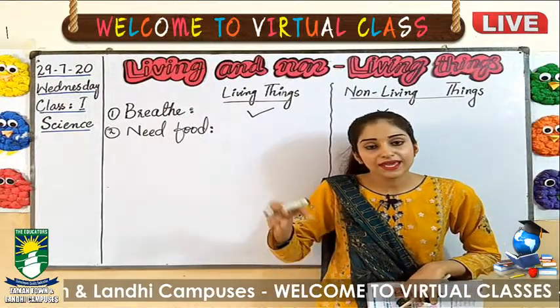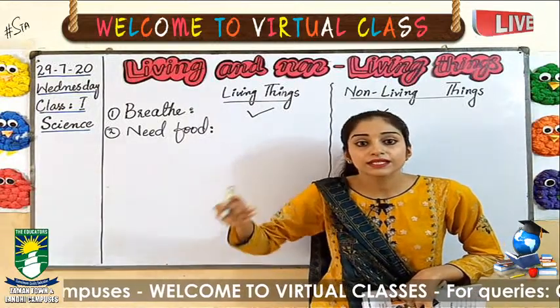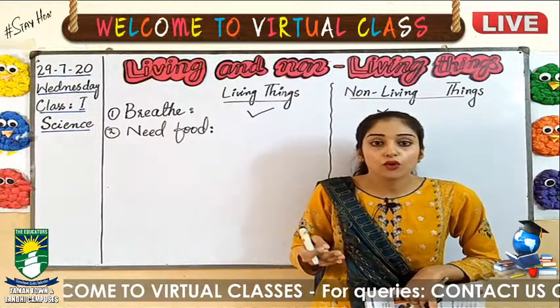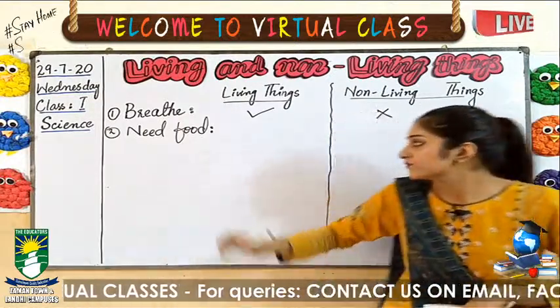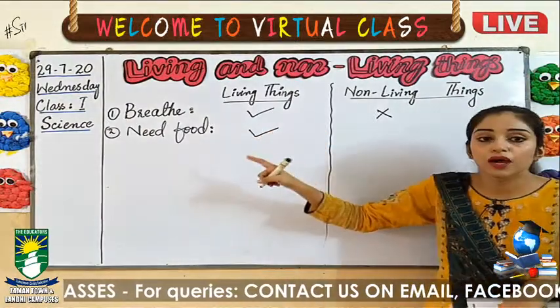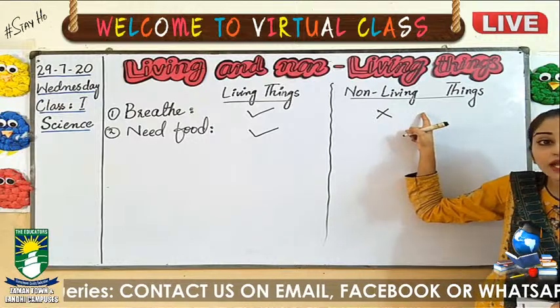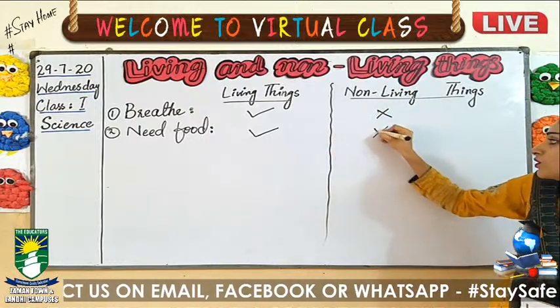Plants make their own food with the help of water, sunlight and soil. Birds also eat food, and fish also need food to grow and survive. But non-living things don't need food. They don't eat anything because they are non-living things. So cross on this.